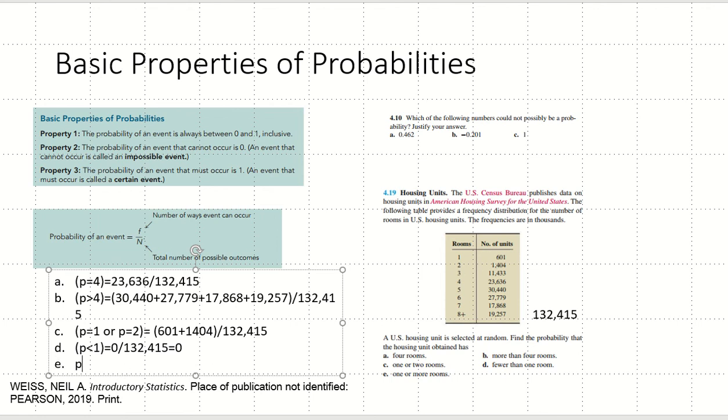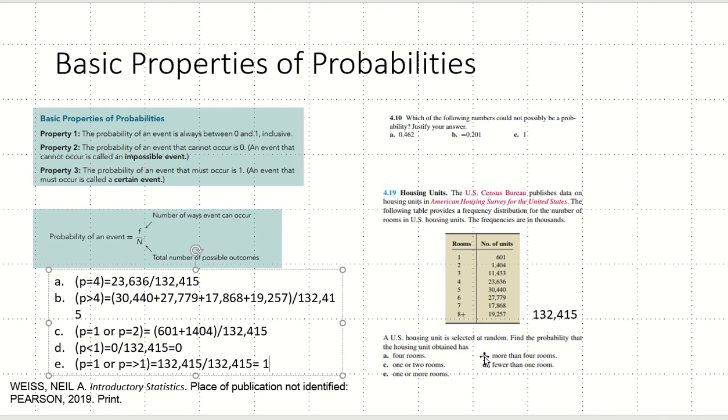So that would be 132,415 over 132,415, and that will give you an answer of 1.